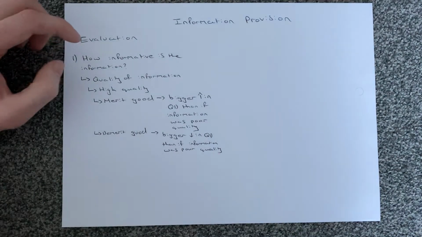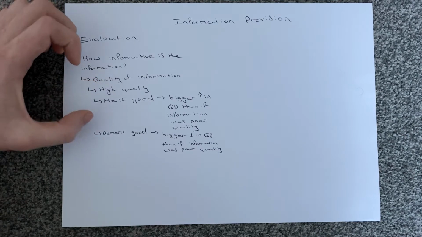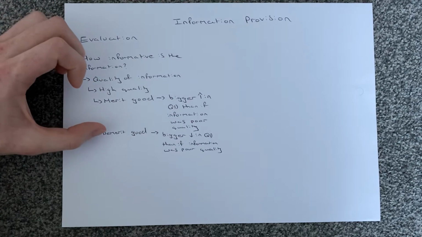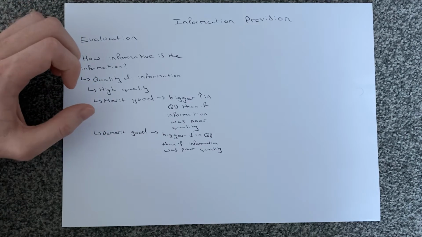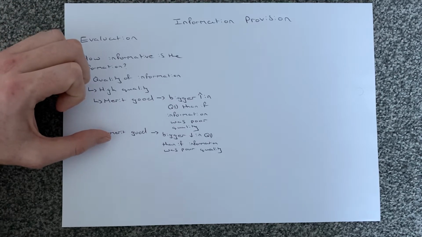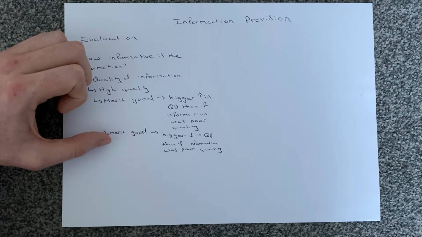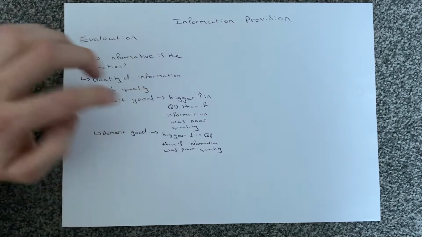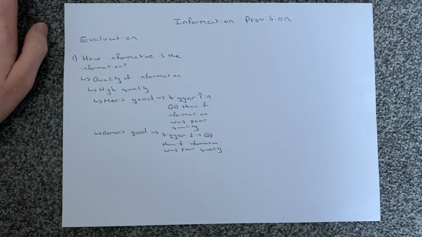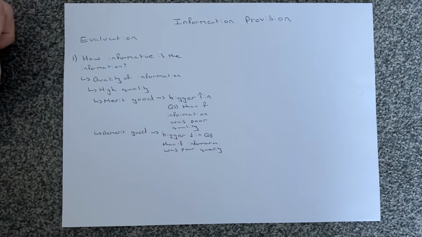So again, we're assuming that high quality information has been received with regards to a demerit good. And if high quality information is received about a demerit good, we would expect a bigger decrease in quantity demanded than if the information was poor quality. So for example, the government could make an announcement that said fast food is bad for you.